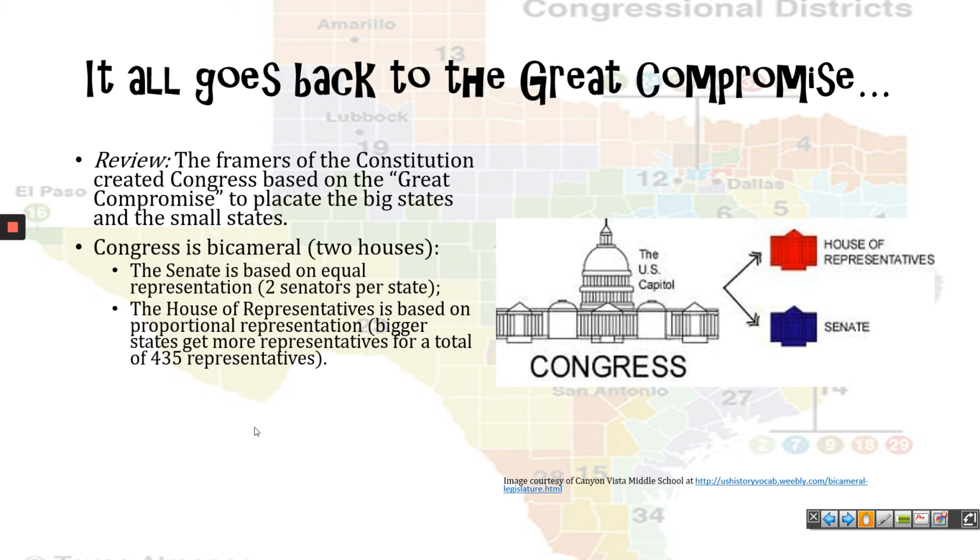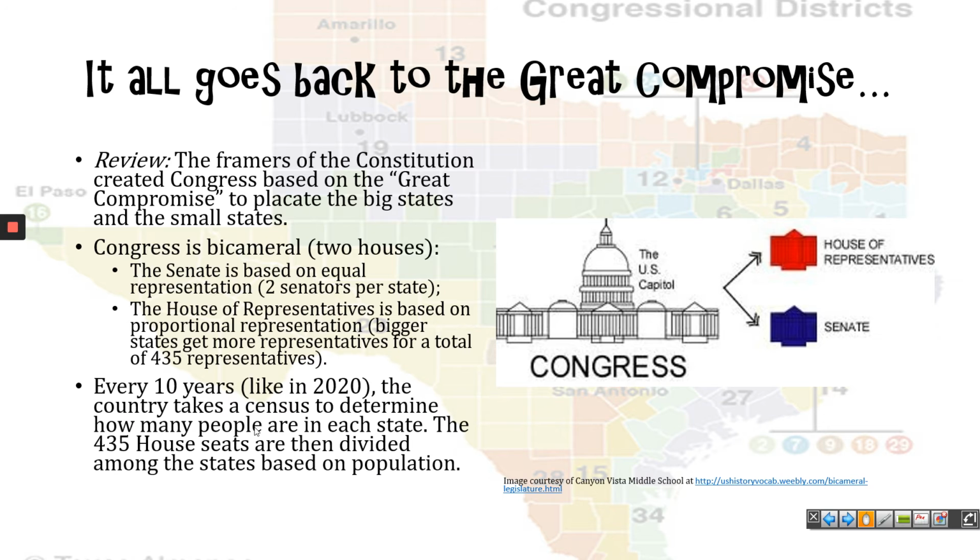But the drafters of the Constitution also created the House of Representatives, and this is based on population. So we call it proportional representation. And so 435 representatives have to be divided up among the 50 states. And in the House of Representatives, California and Texas are going to get a whole lot more than some of those smaller states.